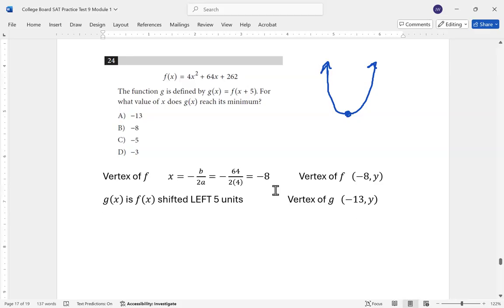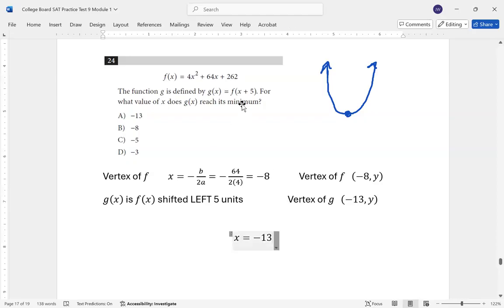And that negative 13 is going to be the x value for which g of x reaches its minimum. So for what x value does g of x reach its minimum? Well, g of x reaches its minimum at x equals negative 13.